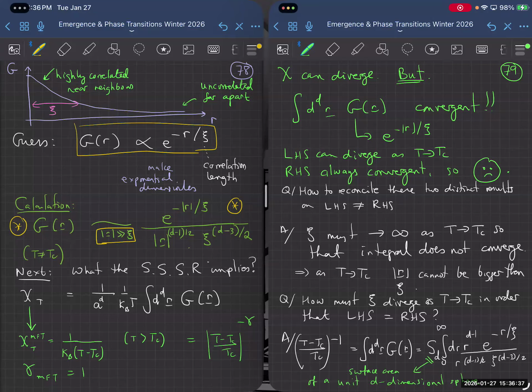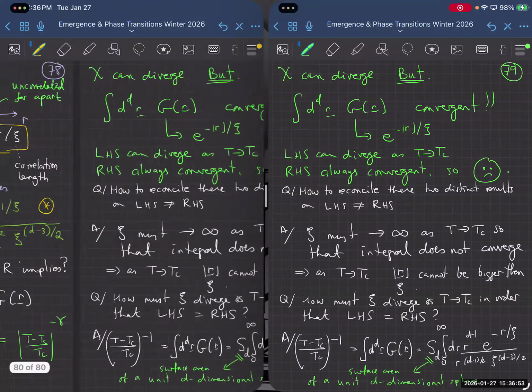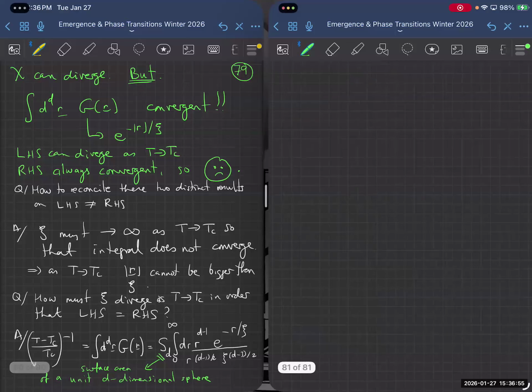There's a really cool trick to work out what that is, and I'll tell you what that is, but for the moment let's not worry about it. It's just a number. It's 4 pi over gamma of d over 2 or something like that, where gamma is the Euler gamma function. Never mind about the factors of pi and so on. Let's just do this integral.